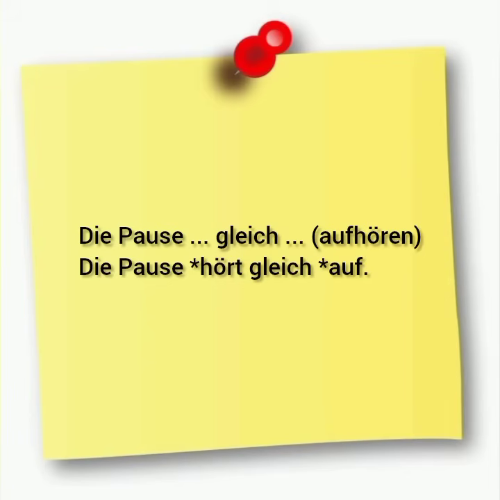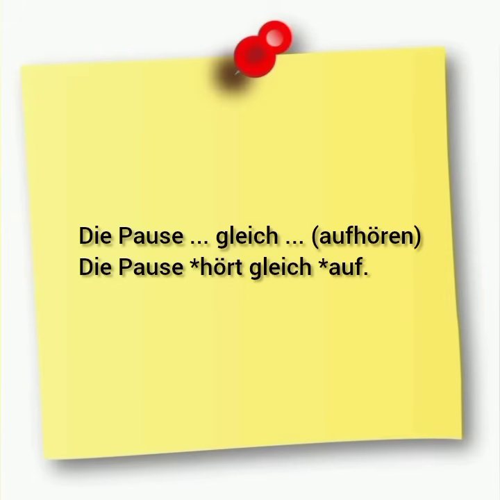Remember, remove the auf, put it at the end, and conjugate hören. Conjugated, it becomes die Pause hört gleich auf. Pause is third person singular, like it. This means the break is just ending. So that is how we use separable and inseparable verbs, right?